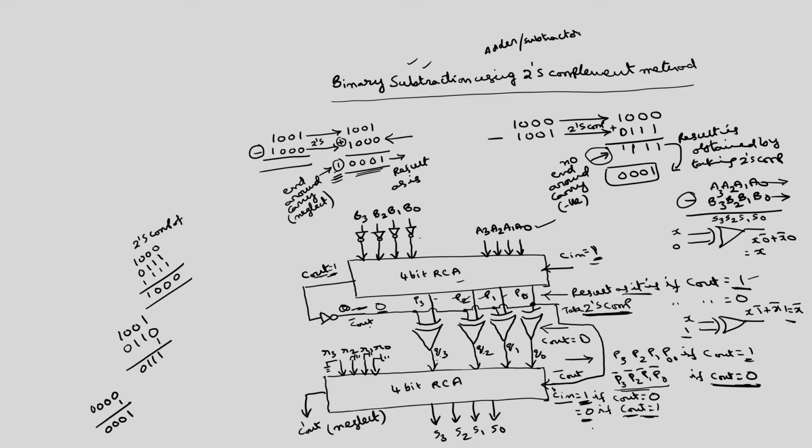So, instead of using individual modules for the adder and subtractor, we can combine these two into a single block by sharing the common resources. That is the idea behind this adder-subtractor.